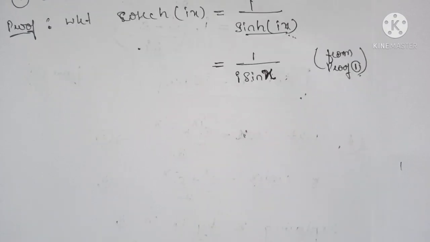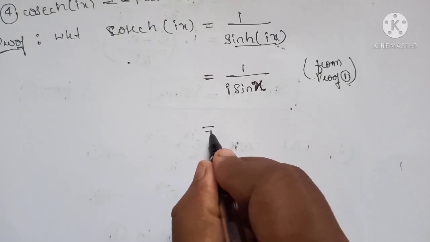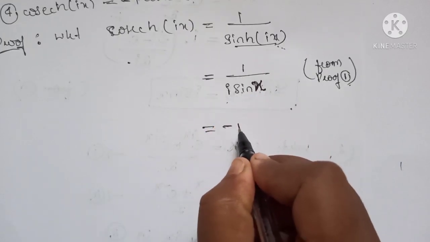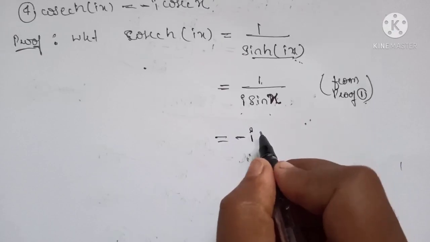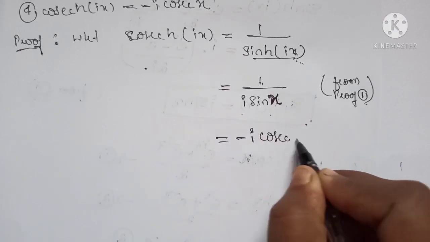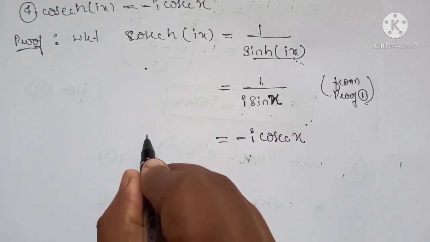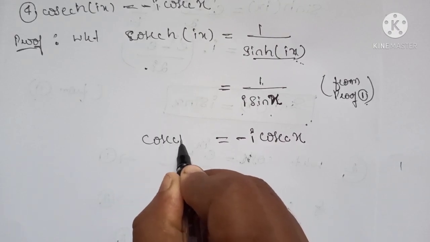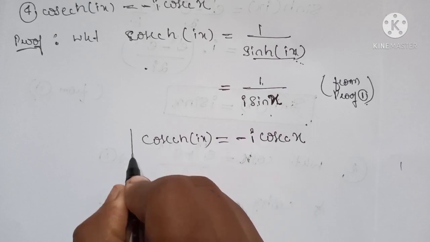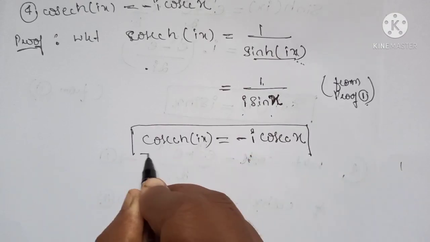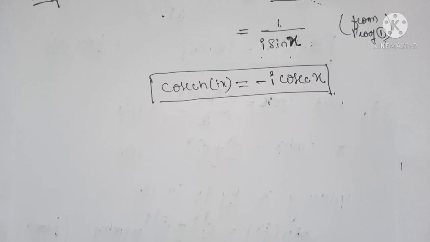We know that 1 by i is equal to minus i. Therefore 1 by sin is cosec x. So cosech ix equals minus i cosec x.